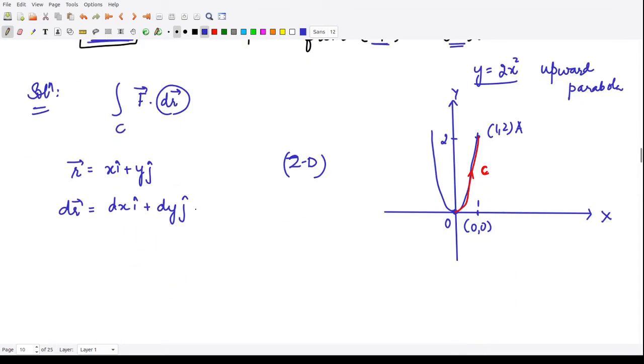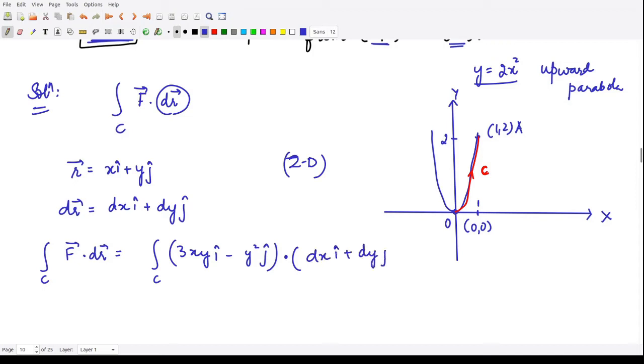So accordingly, our integration over C of the vector F dot dr is the integration over C of the function 3xy i cap minus y square j cap, which is given to us, dot with dr vector, that is dx i cap plus dy j cap.